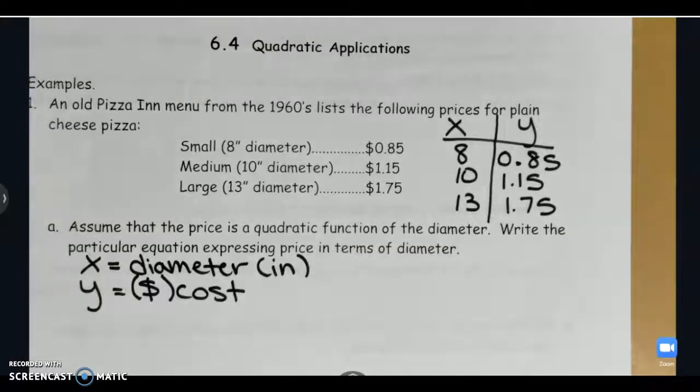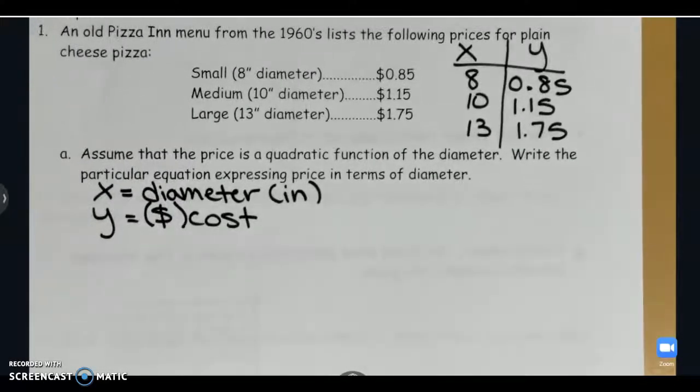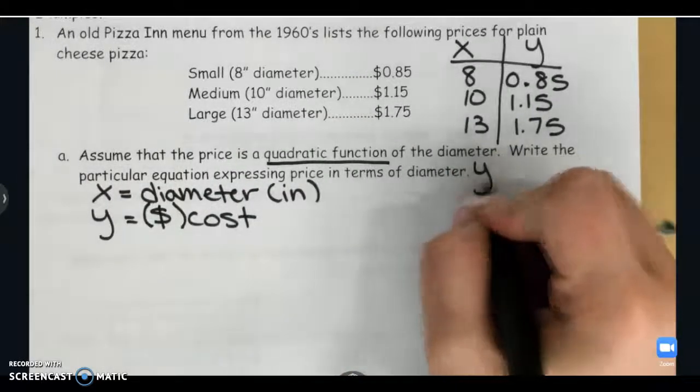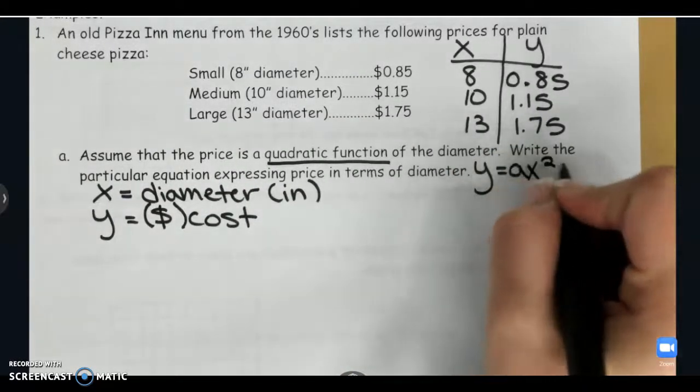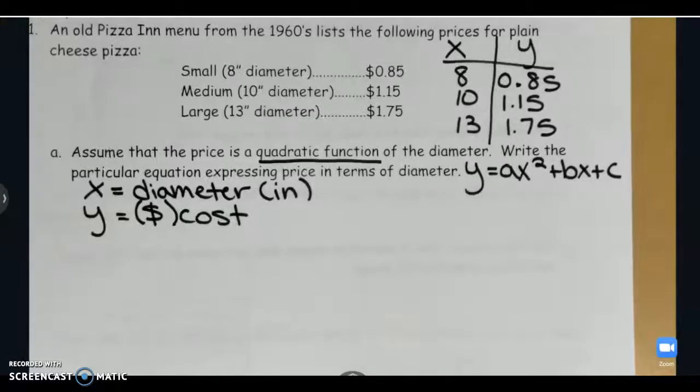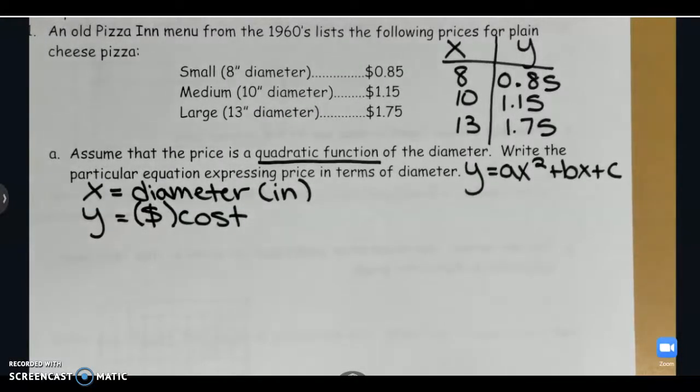Now, with this, there are two ways we can solve this. We could go with one way that we're familiar with, because we're looking for a quadratic function. That means it's going to be in the form y equals ax squared plus bx plus c. Previously we've done this with a matrix by writing 3 equations and then using our calculator to solve the matrix for us.